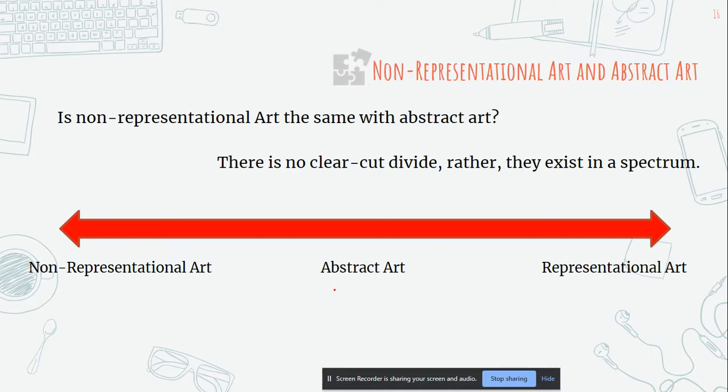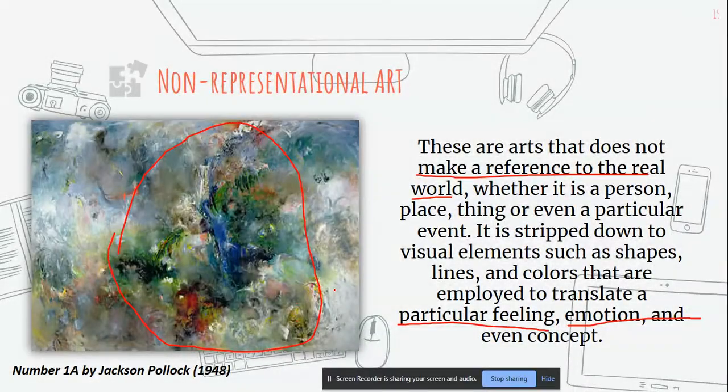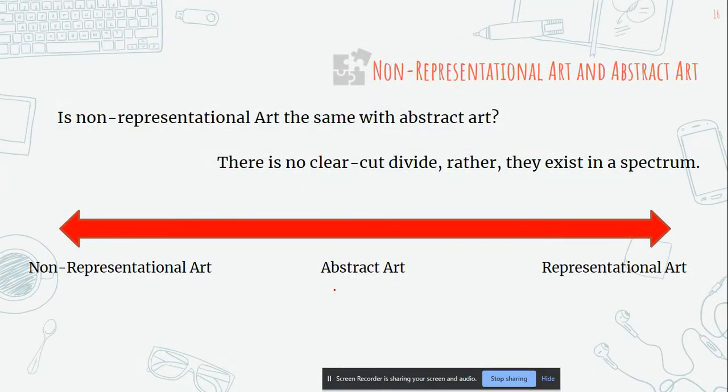Is non-representational art the same as abstract art? I have already said earlier that non-representational art and abstract art are somehow different. There is no clear-cut divide; rather, they exist in a spectrum.